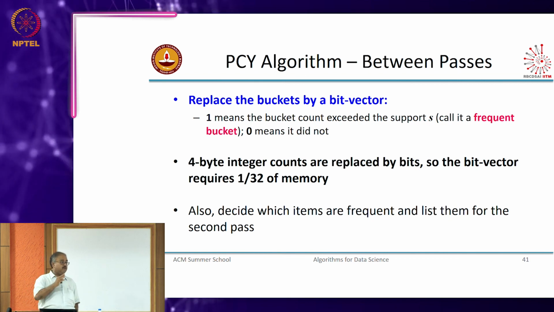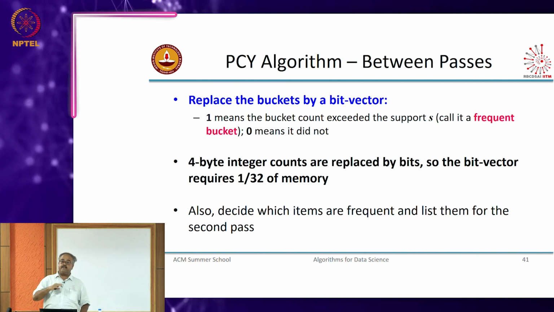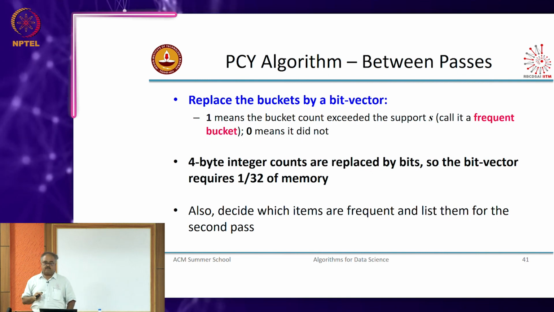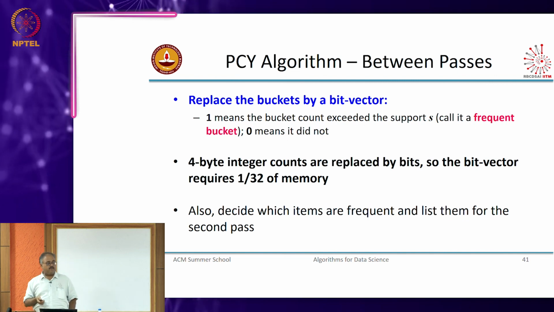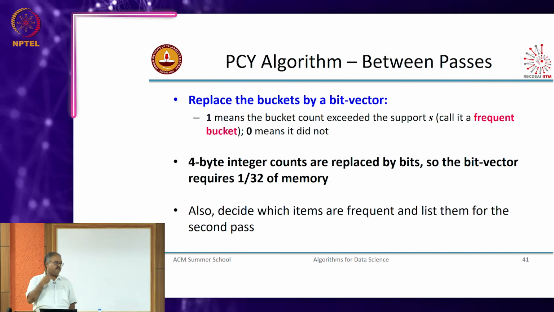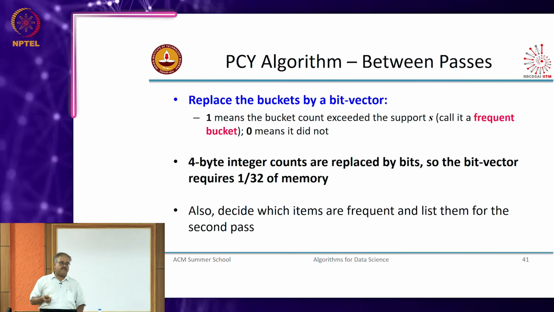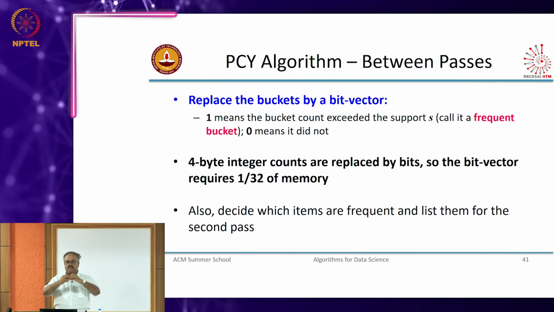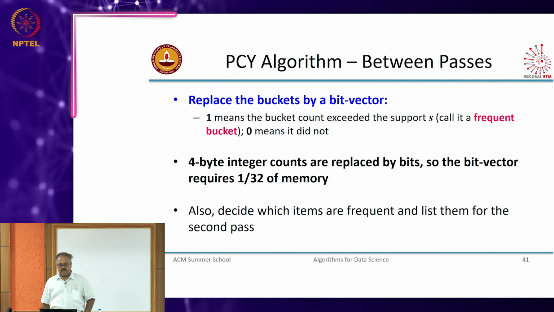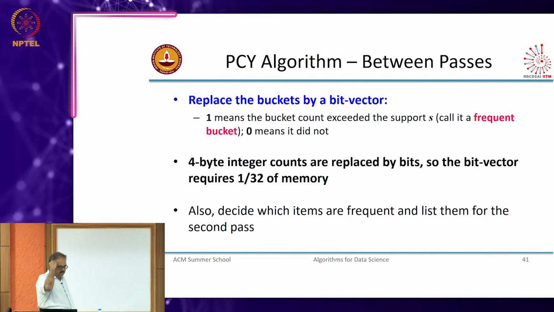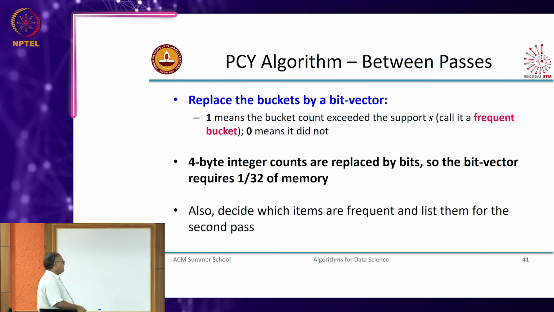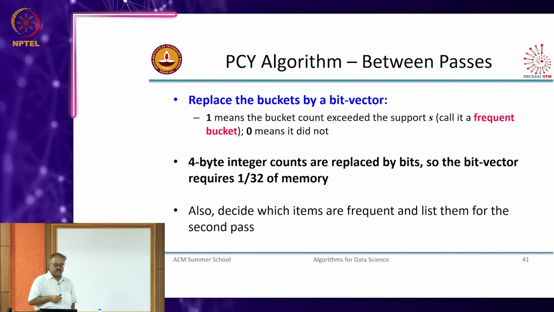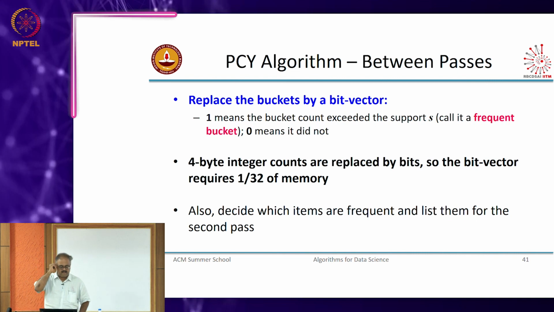I do not need to know what was the actual count, I just need to know whether it was above the threshold or below the threshold, right. If the bucket count exceeded the support, then I will put a 1 in the bit. If it did not exceed the support, I will put a 0 in the bit. So now I have a bit vector, right. So the 4 byte integer counts are replaced by bits. So the bit vector requires really only 1/32 of the memory, right.